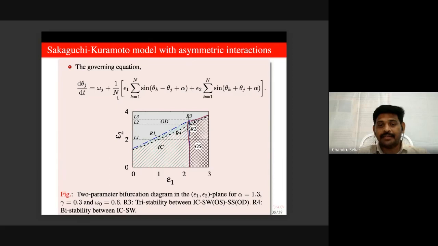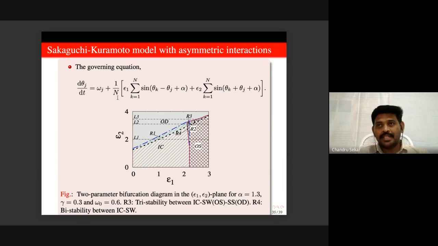But here we observe tri-stability between incoherent, standing wave, and stationary synchronized state. Here the stationary synchronized state is referred to as OD and the standing wave state as OS. Also, we have identified bistability between the incoherent state and standing wave state.